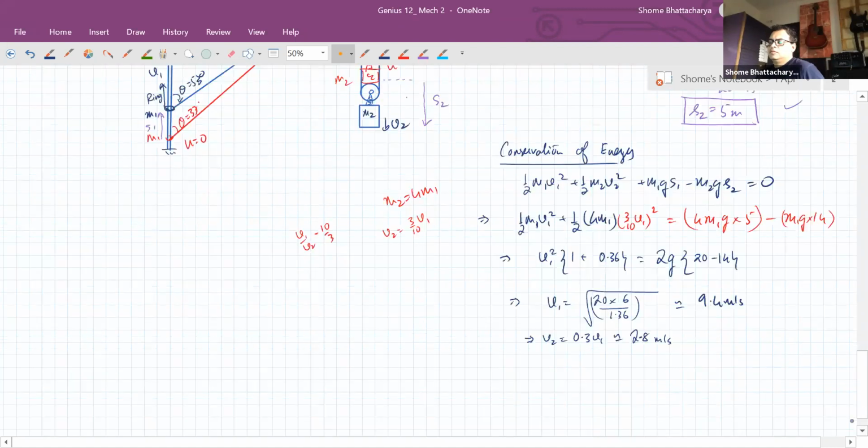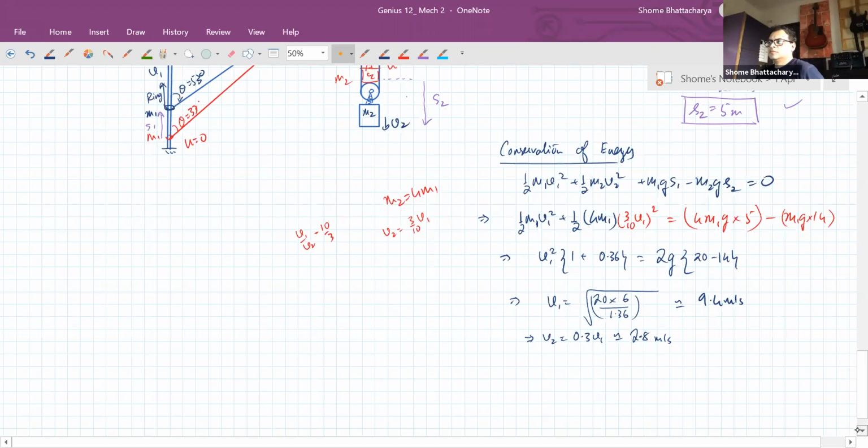Okay, so this is another example of the application of this type of constraint relation. So you can check out the full solution later.